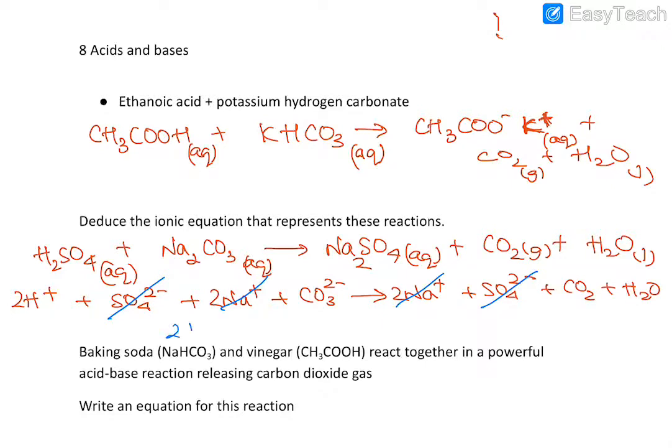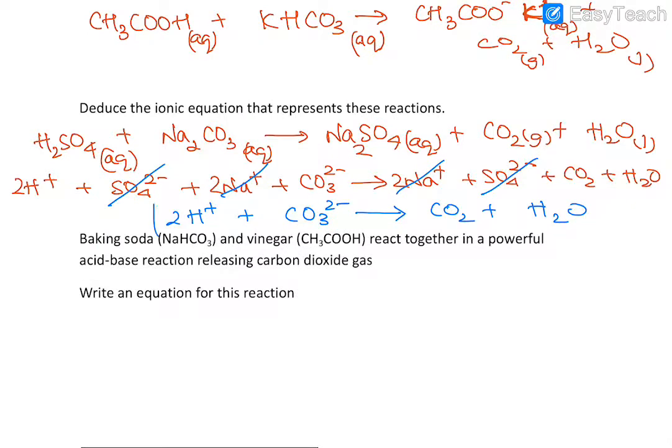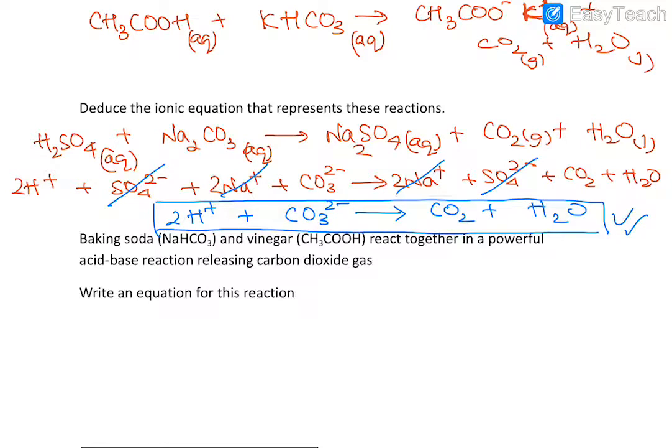So what is left is 2H+ plus CO3 2- to give CO2 and H2O. So if you do the ionic equation for the reaction of an acid with a carbonate where the carbonate is soluble in water, you should get this every time.